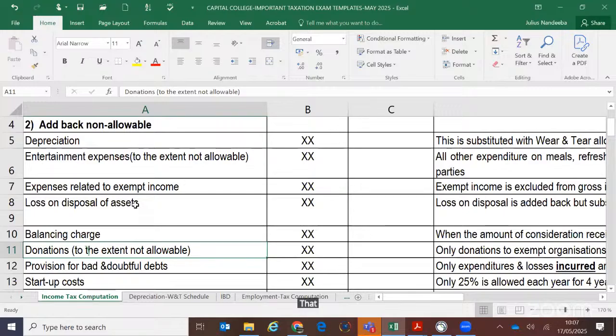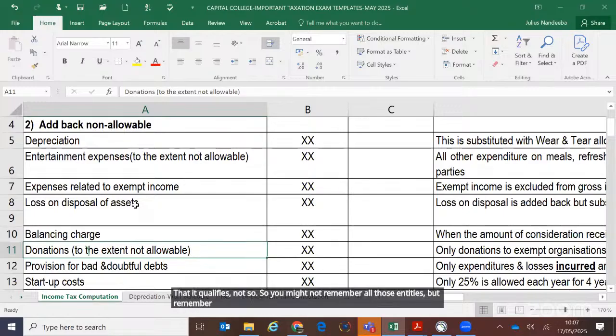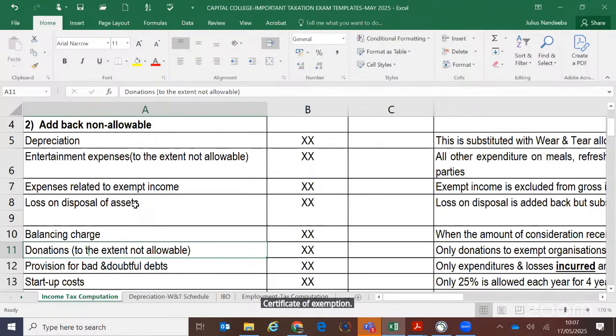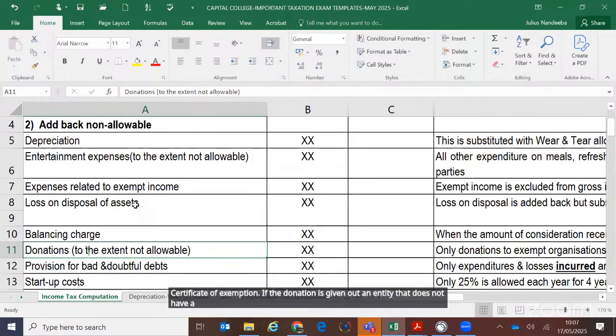You might not remember all those entities, but remember one phrase: certificate of exemption. If the donation is given to an entity that does not have a certificate of exemption, that donation becomes a non-allowable deduction. Go and add it back.